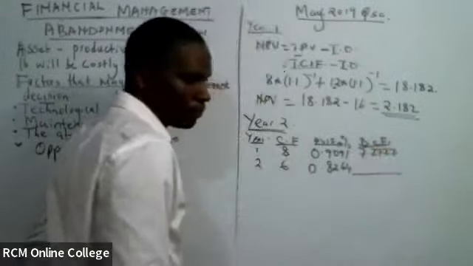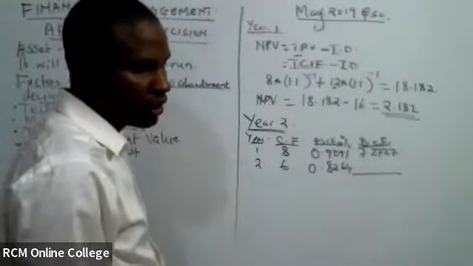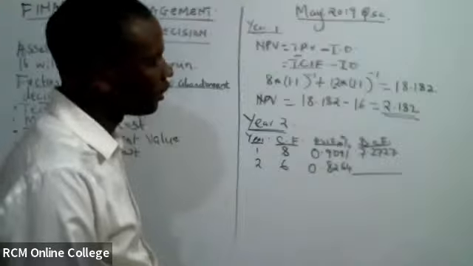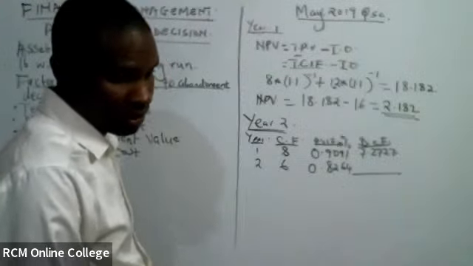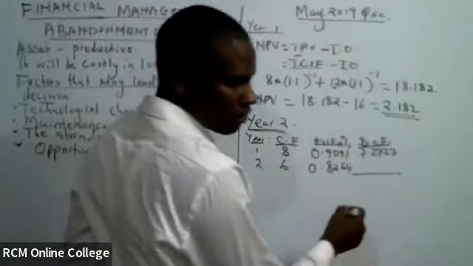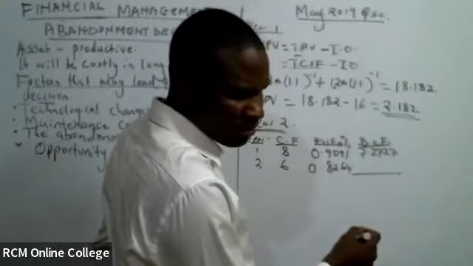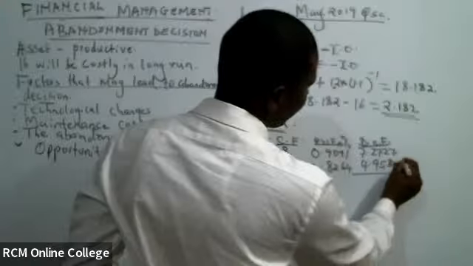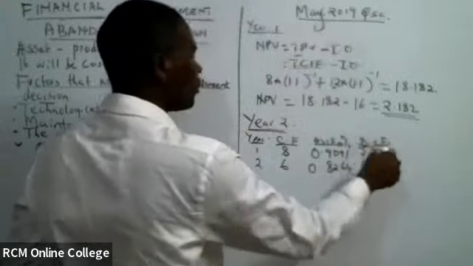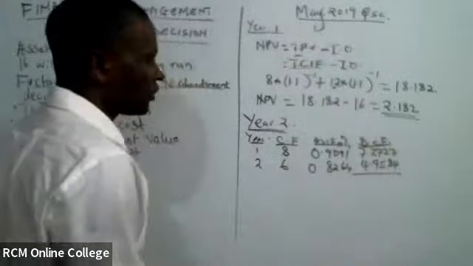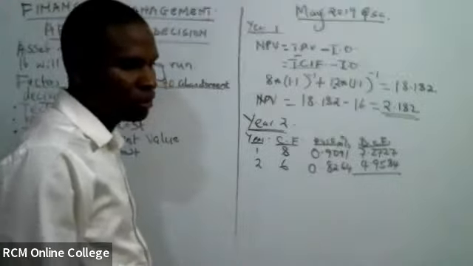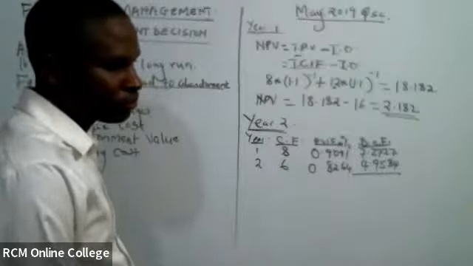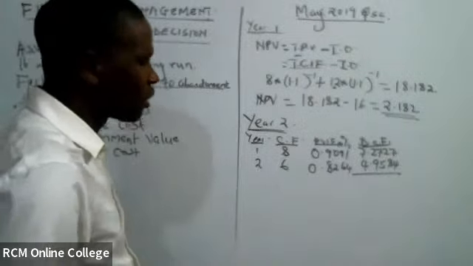7.2727. Okay, now the second one. Let's get the second one. 7.27. Okay. The second one still. 4.95. 4.9584. So when you add the two, what shall you get?